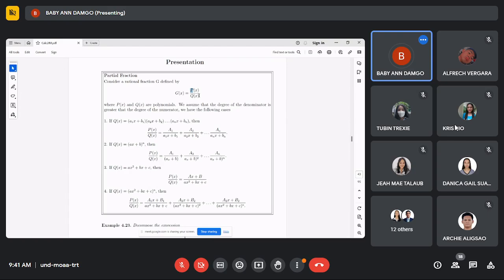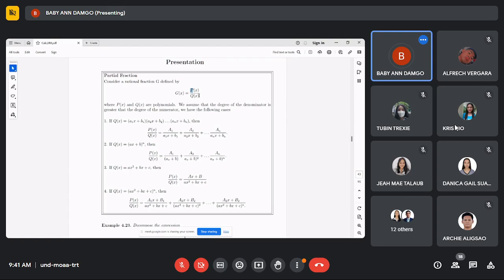Okay, so if we have a product of binomials, this can be written as a sub 1 over a sub 1 x plus b sub 1, plus a sub 2 over a sub 2 x plus b sub 2, and so on. Okay, kaning sa ibabaw class, kaning a sub 1, a sub 2, pwede rin siya nga a, b, c, d.